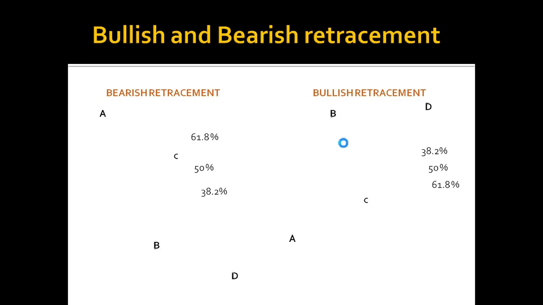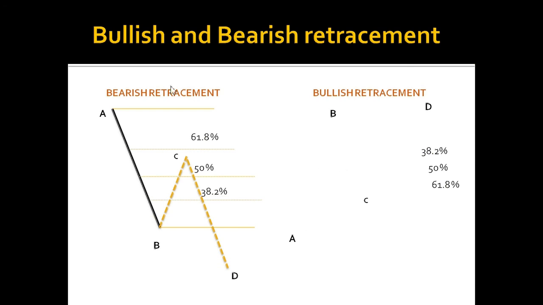First we will see a bearish retracement. If this is your swing, that is A to B is your bear swing, where you have not entered a trade but you are very eager to enter, then it's better to wait. You can measure this swing and mark the retracement zones like 61.8, 50 or 38.2.